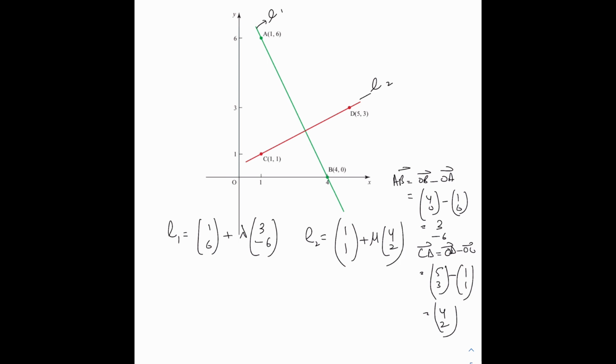Okay, now I have to solve it. So 1 plus 3 lambda equals 1 plus 4 mu, and 6 minus 6 lambda equals 1 plus 2 mu. Okay, if I make lambda the subject from the first one, it will be 3 lambda equals 4 mu, lambda equals 4/3 mu.